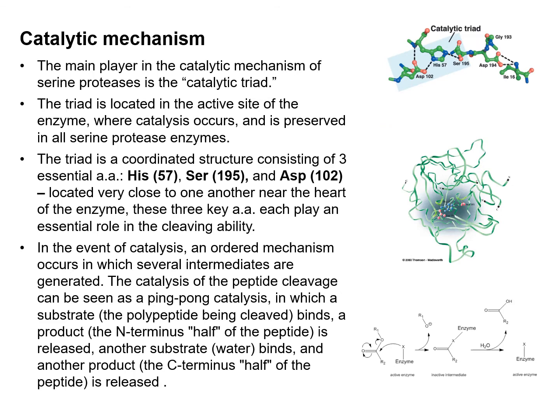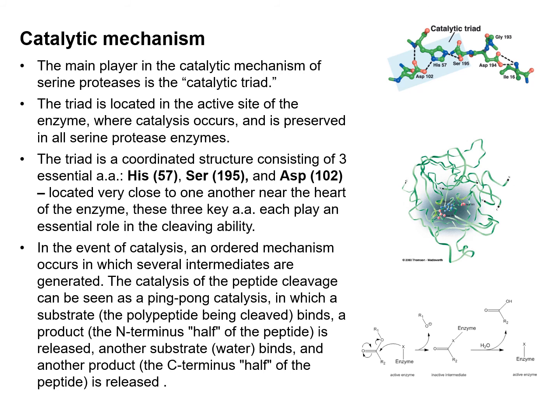The main player in the catalytic mechanism of the serine proteases is the catalytic triad, including the critical serine 195 residue. The triad is located in the active site of the enzyme, right in the middle of, in this case, chymotrypsin, where catalysis occurs, and is preserved in all serine protease enzymes.